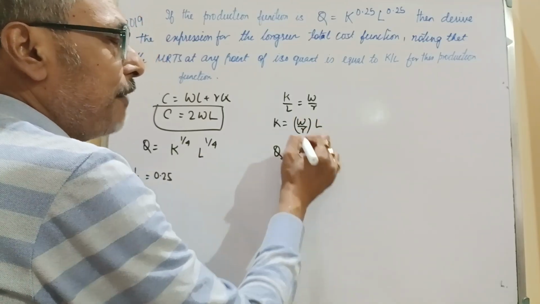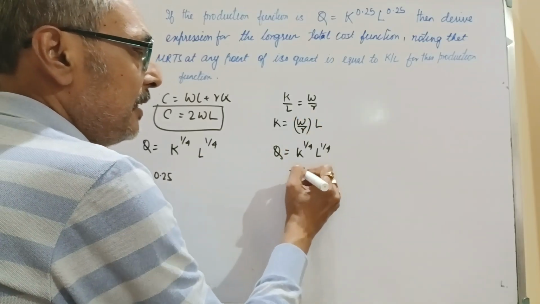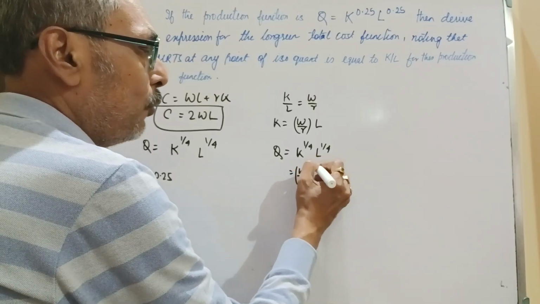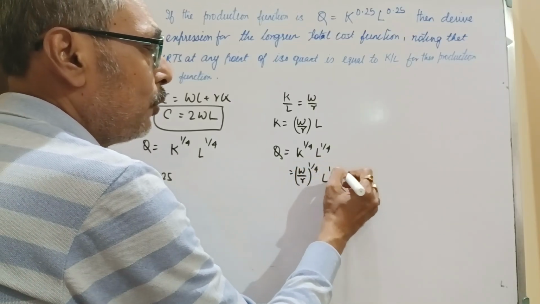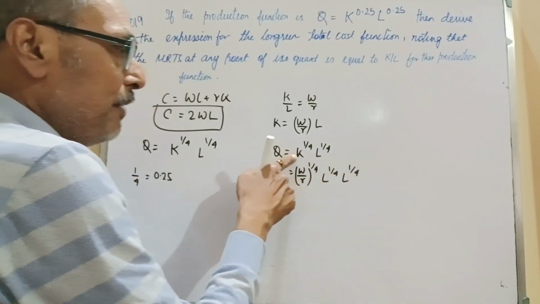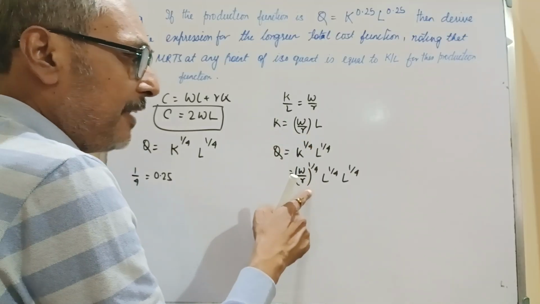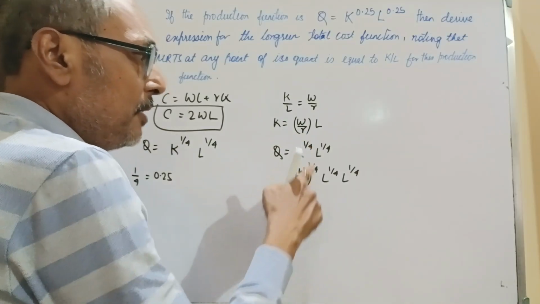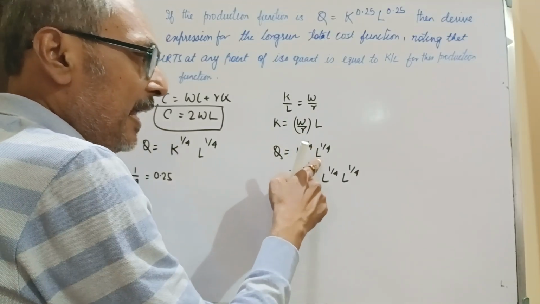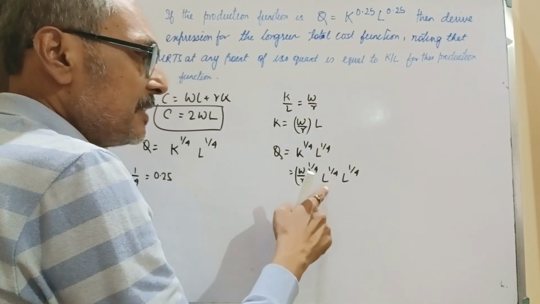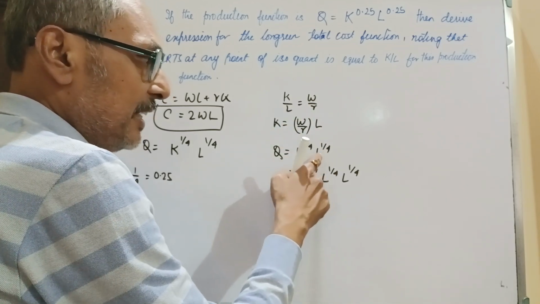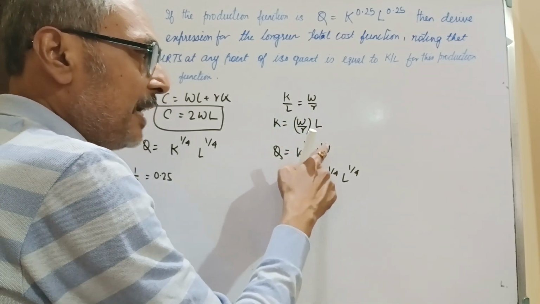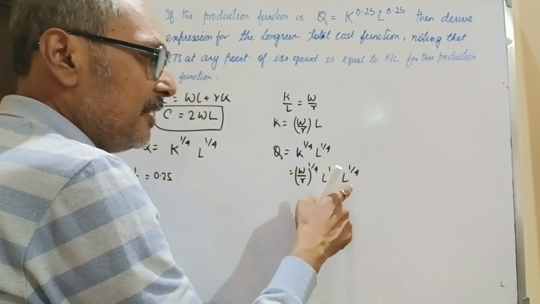In the production function, Q equals K to the power 1/4, L to the power 1/4. We substitute the value of K here. Q equals (W by R) to the power 1/4, L to the power 1/4, L to the power 1/4.